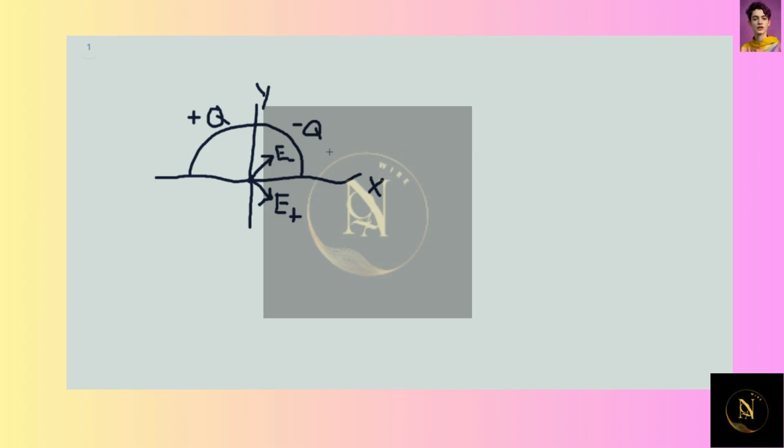Right. So as you can see, these vectors are both in the x and y plane. So if we write out the components for them, we'll see that only the x component survives, because you have a positive y component for the negative charge, but you have a negative y component for the positive charge.